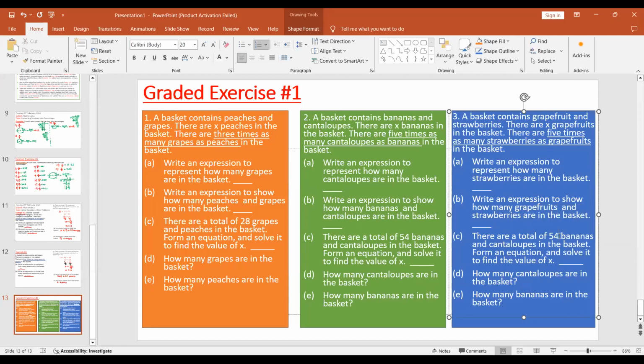A total of, I don't want 5 times, let's say 7 times. There are 7 times as many strawberries as grapefruits.